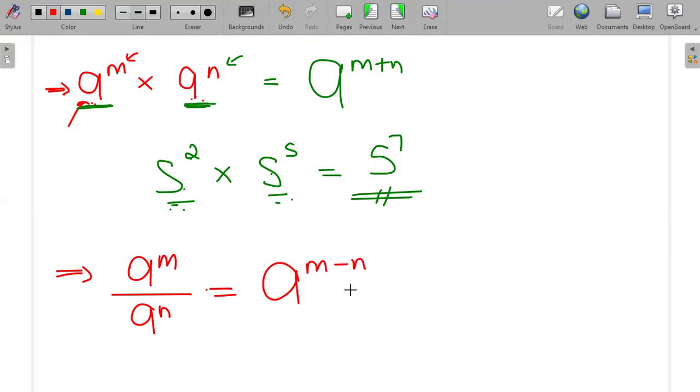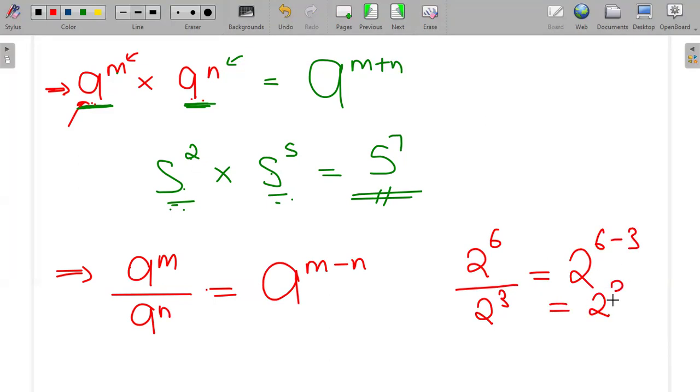An example could be 2 to the power 6 divided by 2 to the power 3. So this will just be 2, and then 6 minus 3, which will just be 2 to the power 3.